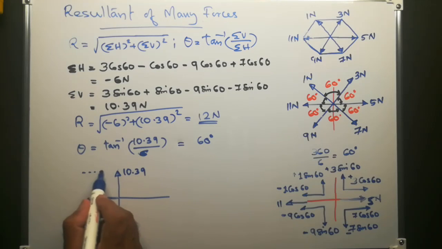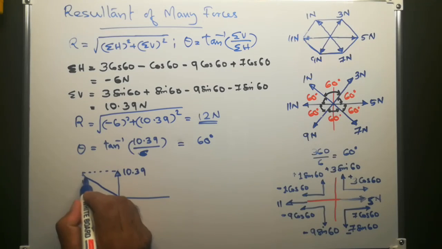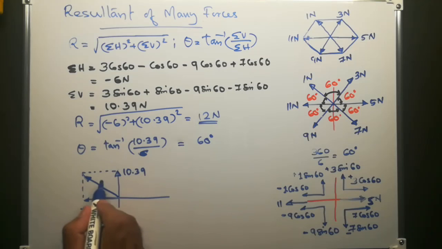To draw the resultant, we construct the parallelogram and draw the diagonal. This will be the resultant, and it is 12 Newton, and this angle is 60 degrees. So this will be the answer for the problem: the resultant of those six forces acting at the center of a regular hexagon towards the vertices.